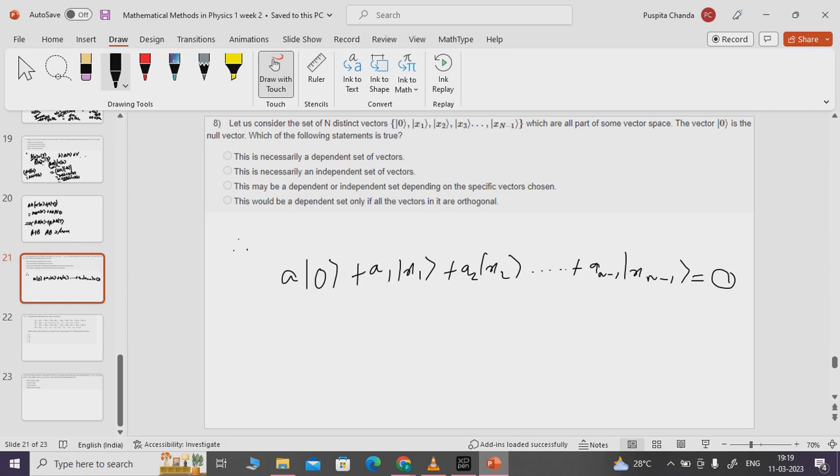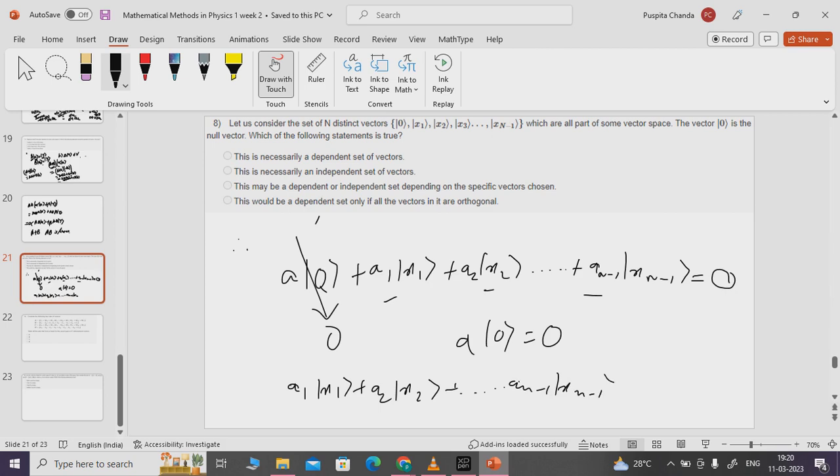If they are all an independent set of vectors, then these coefficients have to be 0 to make it 0. Since it is a null vector, this term is already 0. So what remains is a1 x1 + a2 x2 and so on up to a(n-1) x(n-1) equal to 0, right?